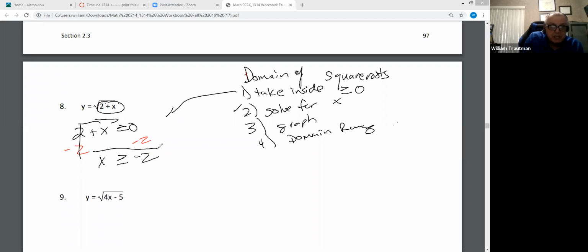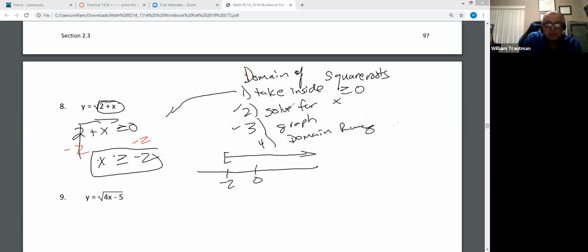That's my domain, but I'm going to graph it to help. Here's 0, here's negative 2. X is greater than or equal to negative 2. That's what the graph looks like. So the domain, if we graph this, the far left is negative 2 in a bracket. The far right is infinity. That's the domain.